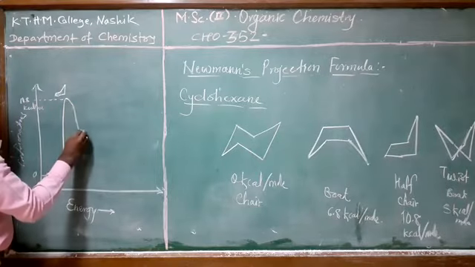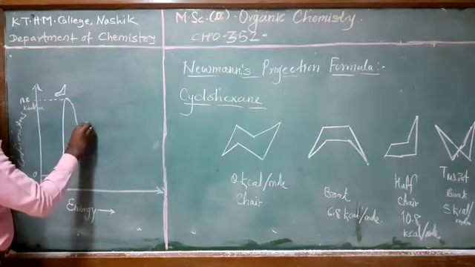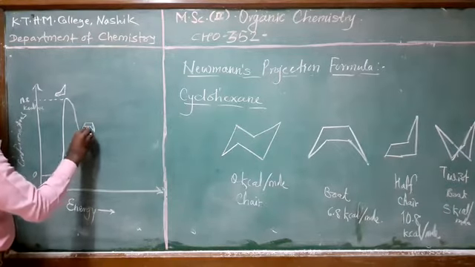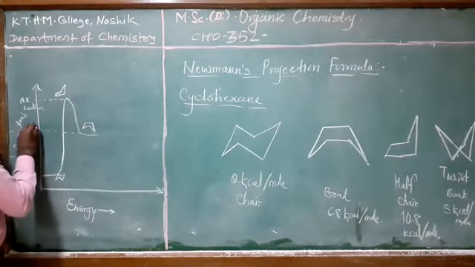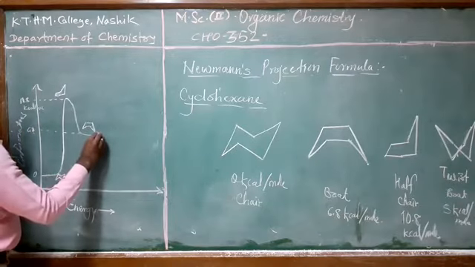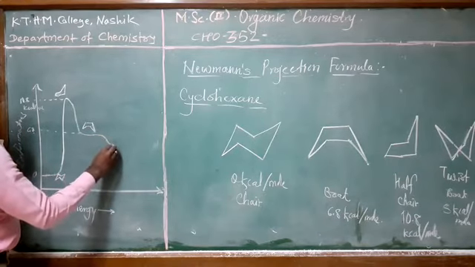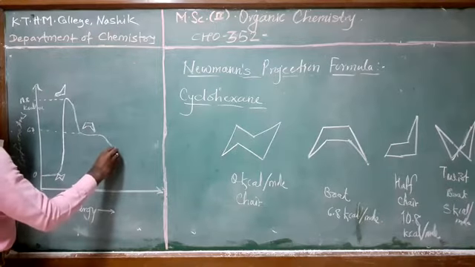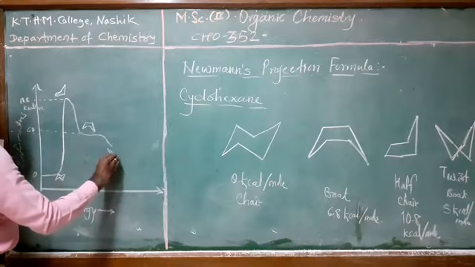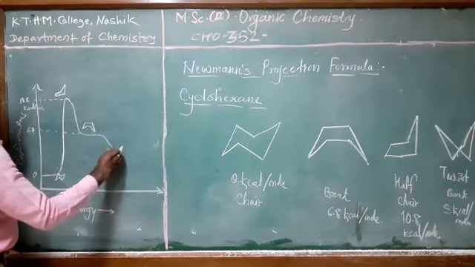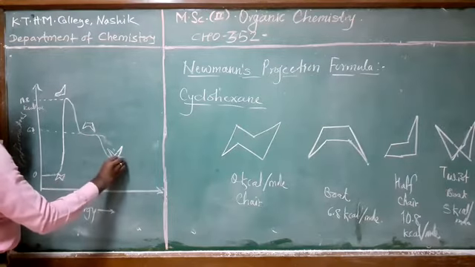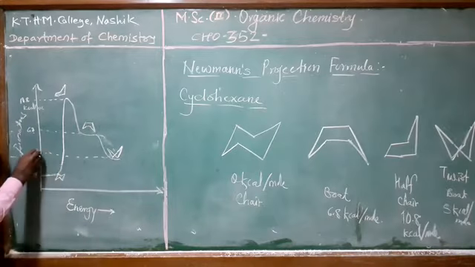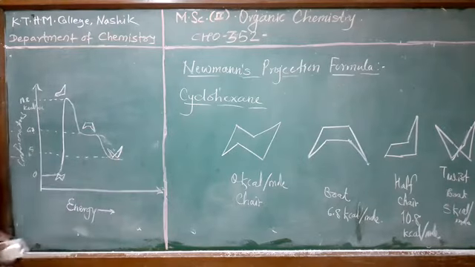After that, the boat conformation, having the energy 6.8 kilocalorie per mole. After that, the twist boat conformation, having the energy 5 kilocalorie per mole. So different conformations.